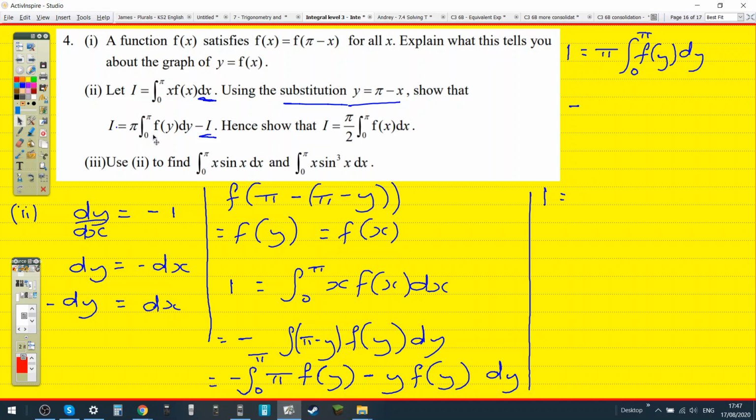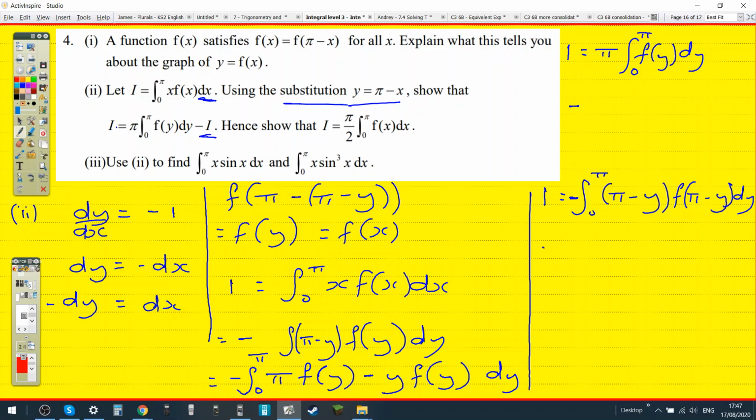Whenever there was an x, they changed it into pi minus y, so that everything was y instead of x. So x is pi minus y, and then this x is pi minus y. This was with respect to y.